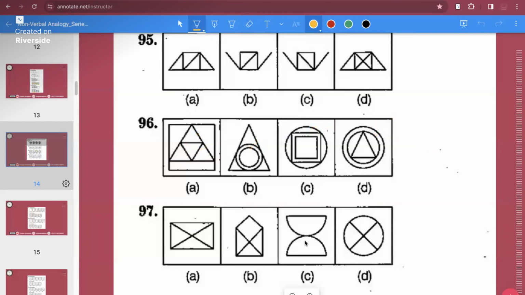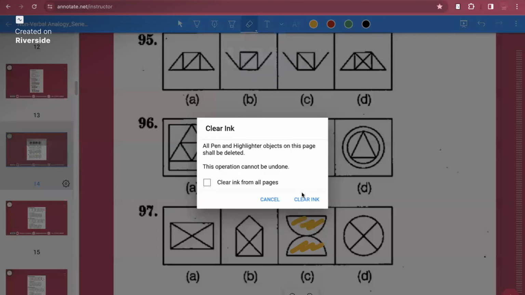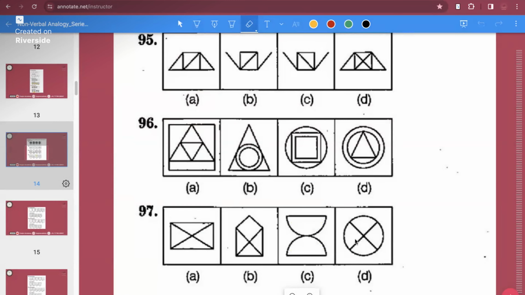Yes, guys. Option B. Option C. Look, the problem with this 97 question is, can you, by using hook or crook or whatever, divide this figure into equal areas?